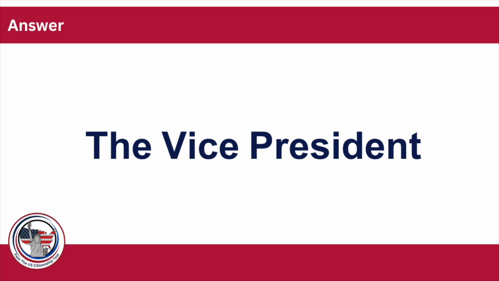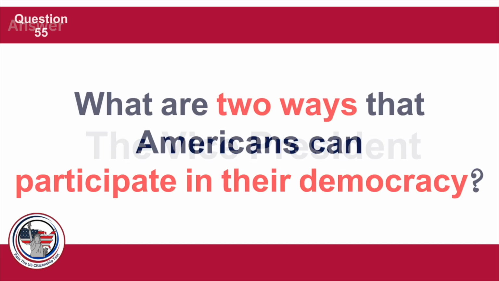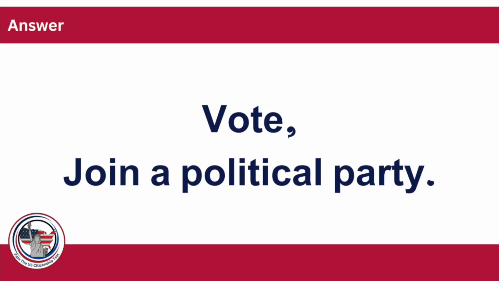The vice president. What are two ways that Americans can participate in their democracy? Vote. Join a political party.